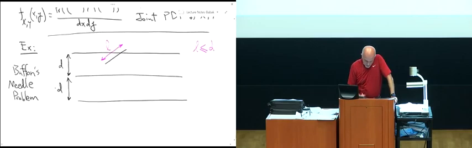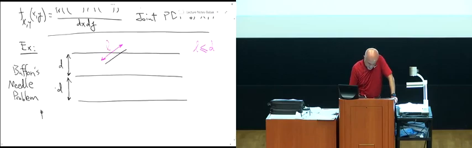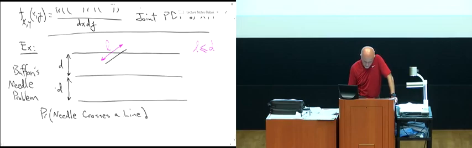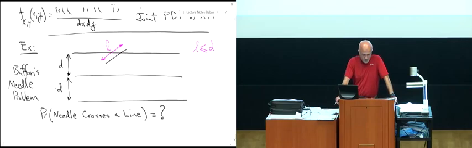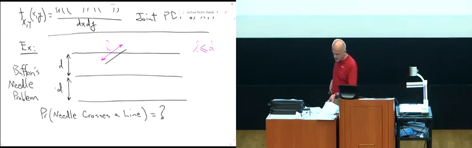What is the probability that the needle crosses a line? We will solve this using joint PDFs next time. Okay, that's the setup. Is that clear? The needle can't cross two lines because of the way we've set up the problem. But we're going to solve this problem next time with joint PDFs.